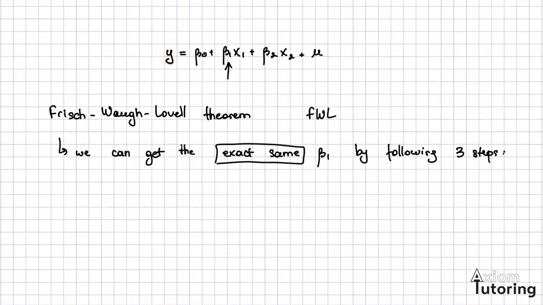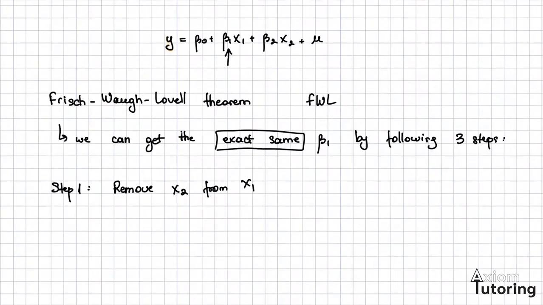The first one is remove x2 from x1. And again, we've seen that we achieve that by regressing x1 on x2 and keeping the residuals. The residuals are the variation in x1 that x2 cannot explain.